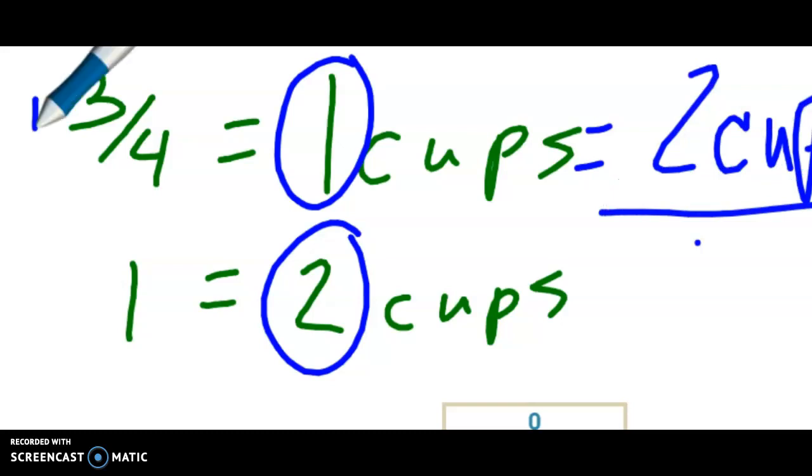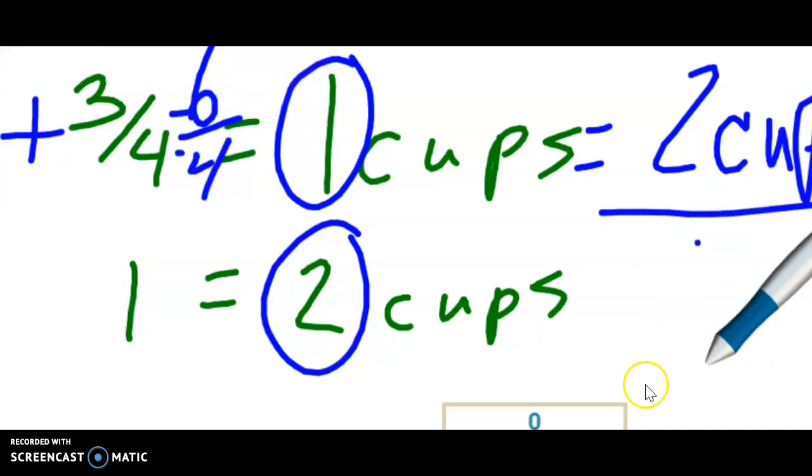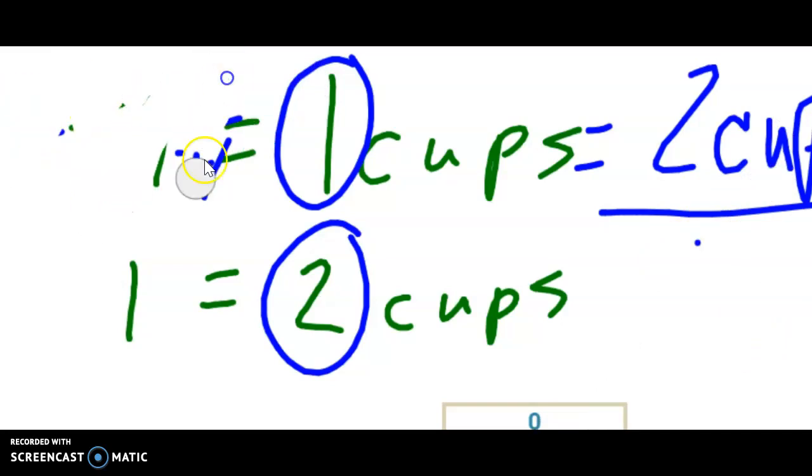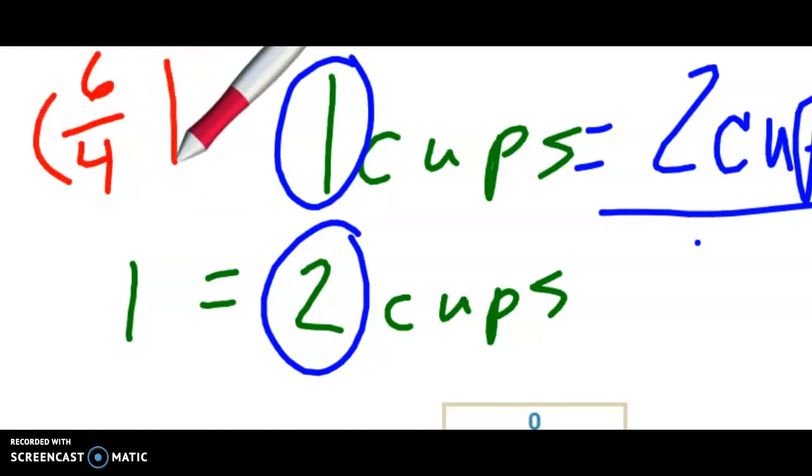So 3/4 plus 3/4 is going to give me 6/4. Let me see if I can give you some room here. Sorry about this. So if I have 6/4, 4 goes into 6 one time, and 2/4 would equal 1 1/2.